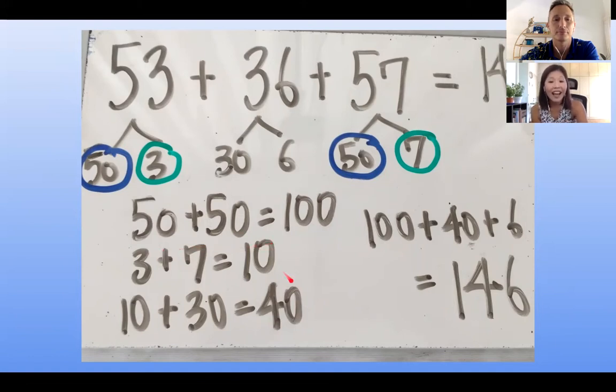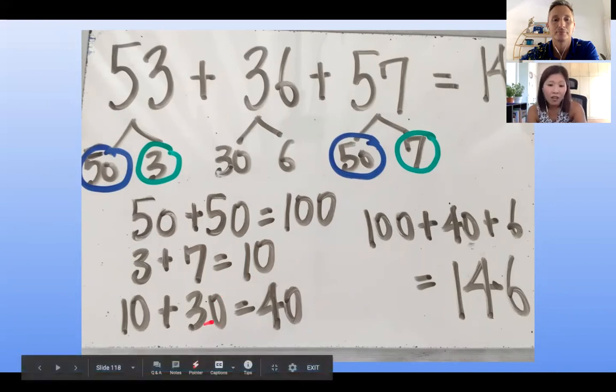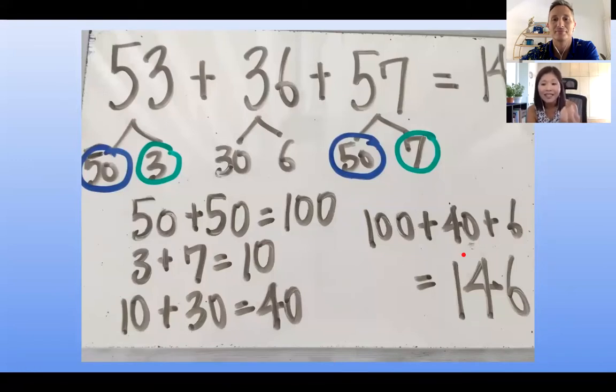Then I added 3 plus 7 because I knew that was friends of 10 and I could make 10, and that was very easy. So then I added the 30 to the 10 to make 40. Then I put them all together. Finally, I added 100 plus 40 plus 6. That's kind of like an expanded form. And I knew that was 146.